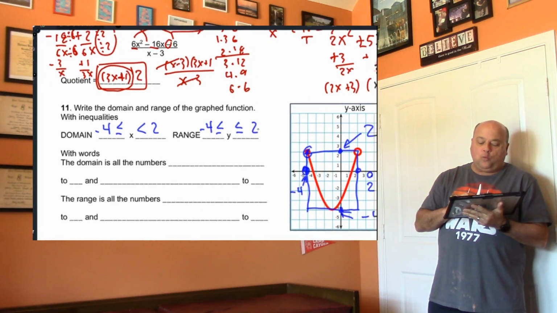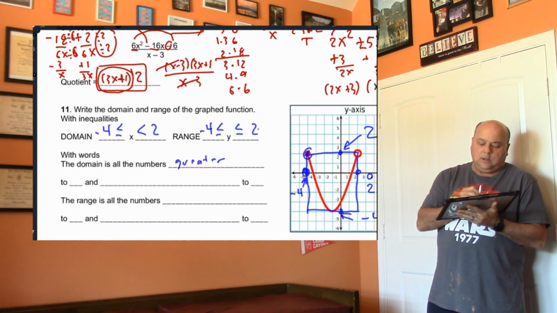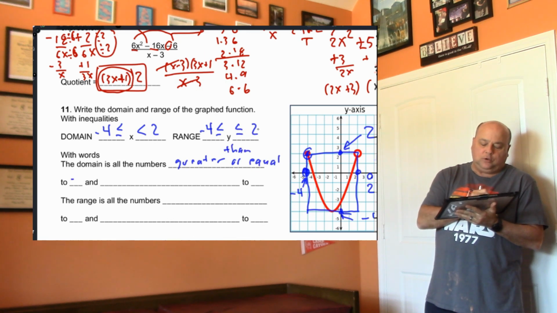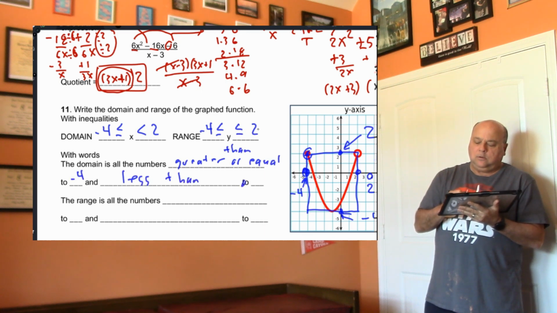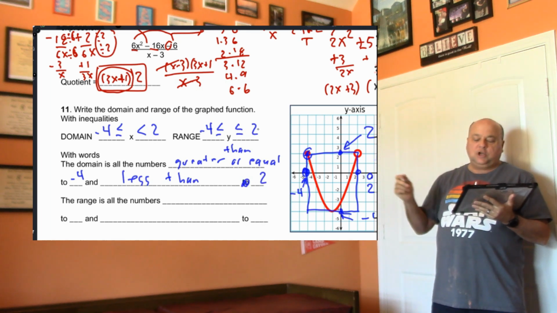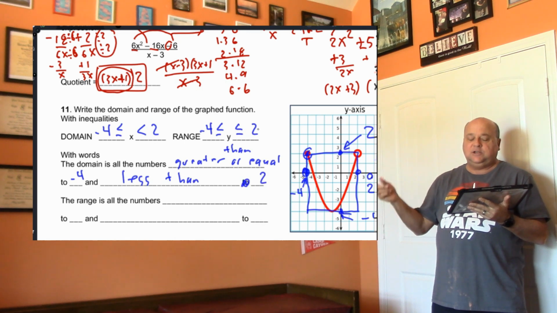Now then, in words, the domain is all numbers greater than or equal to -4 and less than 2.